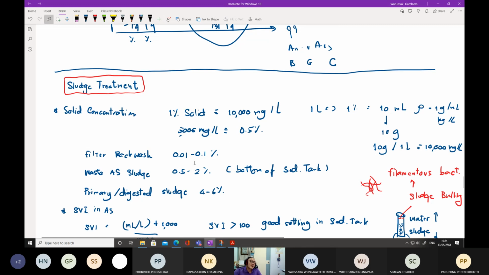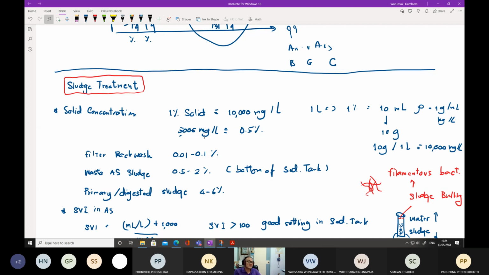So this is the meaning of 1% solids. Basically, 1% means in 100, 1 is the solids, and the remaining 99 is the liquids, or water. For the waste activated sludge, the activated sludge collected from the bottoms of the sedimentation tanks, if you measure the concentration, it may go up to 0.5 to 2%, or 5,000 to 20,000 milligrams per liter.